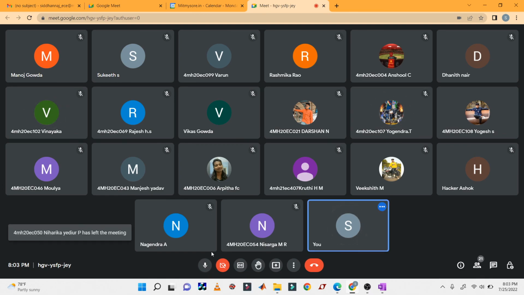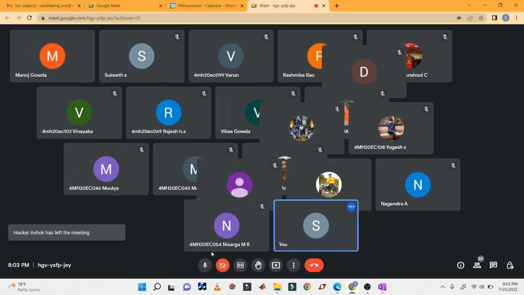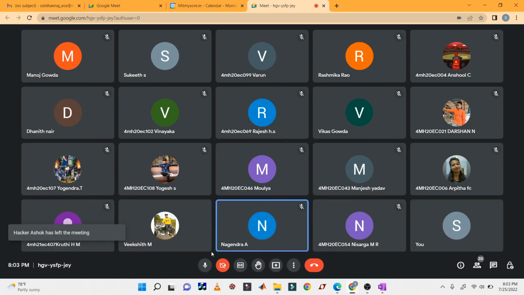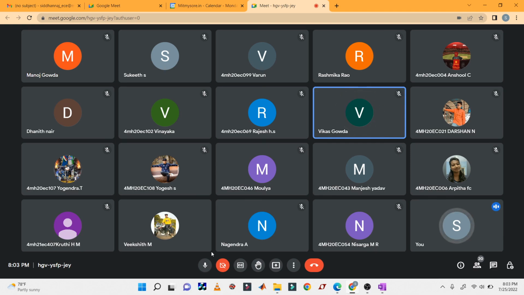Yogesh, yes sir. Ashok, yes sir. Danit, present sir. Kruti, present sir. Manoj, yes sir. Nagendra, present sir. Sukit, present sir. Vikas, yes sir. So absentees are Vikshit, Tulsi, Tejas.